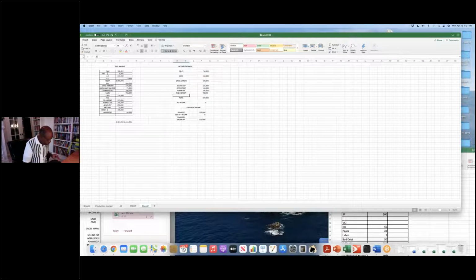Let's put an MOH in. So here you see the gross margin 600. Then these expenses are 700. So what's this number going to be?